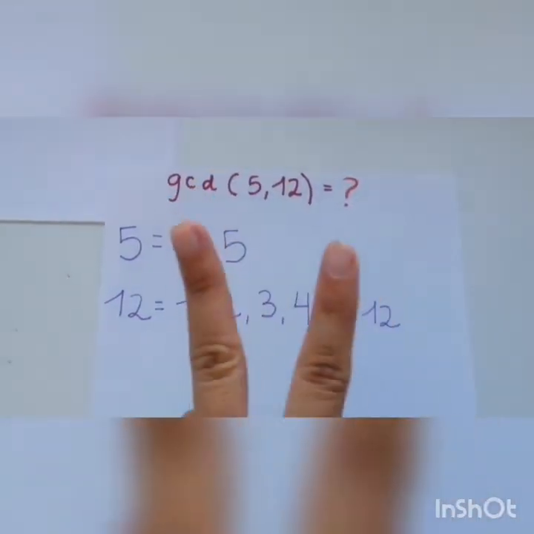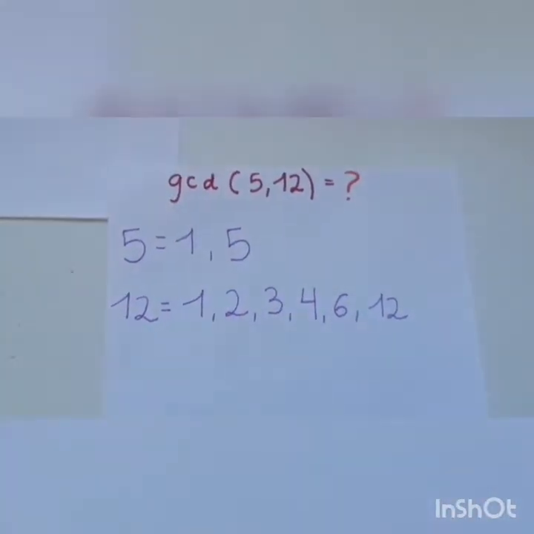Let's go to the second step. The number 5 only has two divisors. As you can see, the number 1 and the number itself, the number 5. This is because the number 5 is a prime number. It can only be divided by number 1 and the number itself.